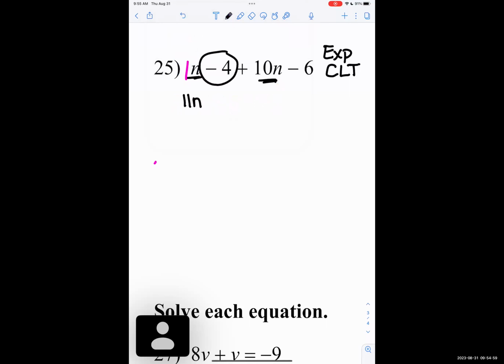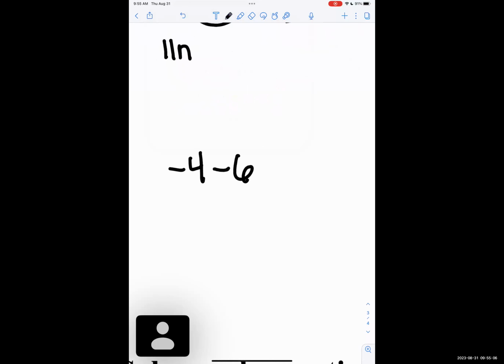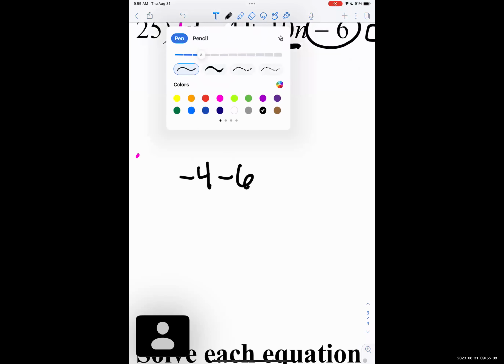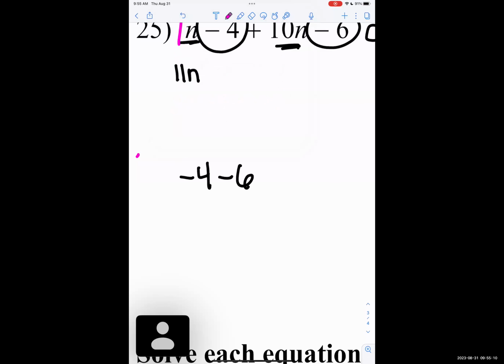Now, negative 4 minus 6. You're welcome to use a calculator or keep, change, or some people call it swish swish.